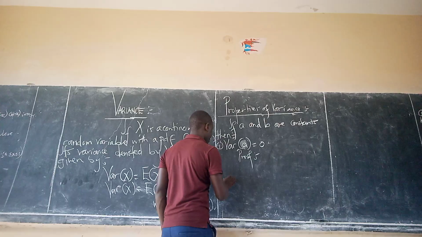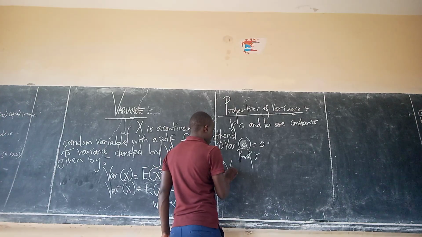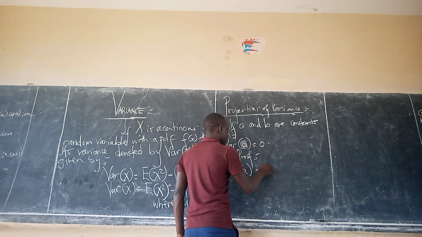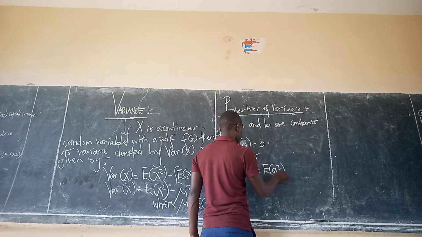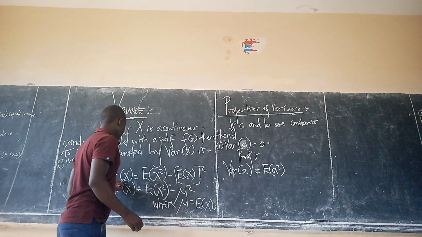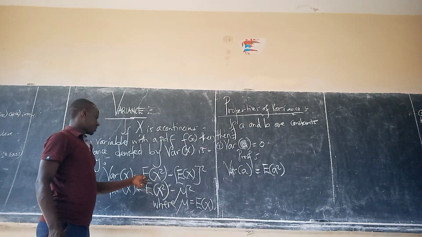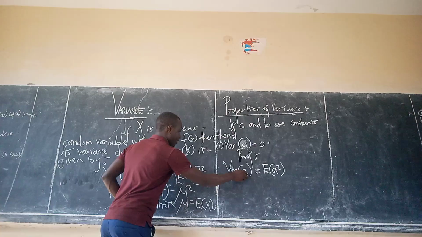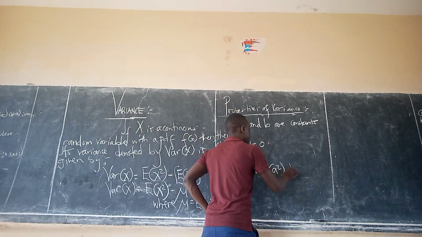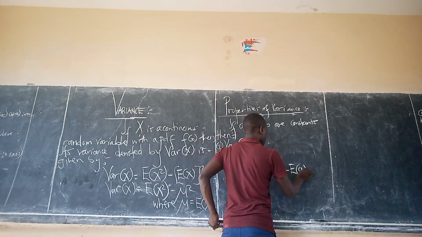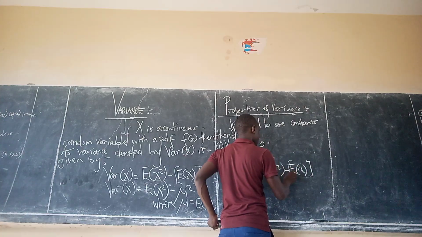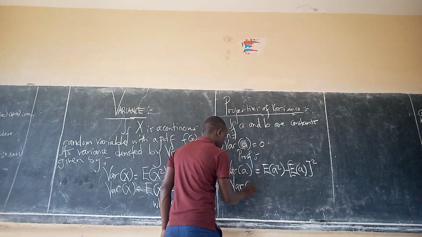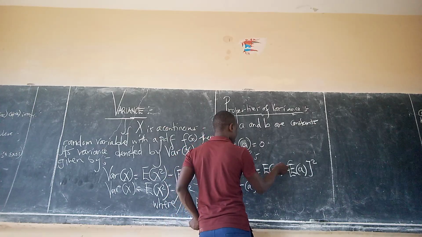If we are proving it, the variance of our constant a is going to be the expectation of a squared minus the expectation of a, the whole thing squared. If you want the variance of x, you say expectation of x squared, so our x is now a. The expectation of a constant a is that constant.